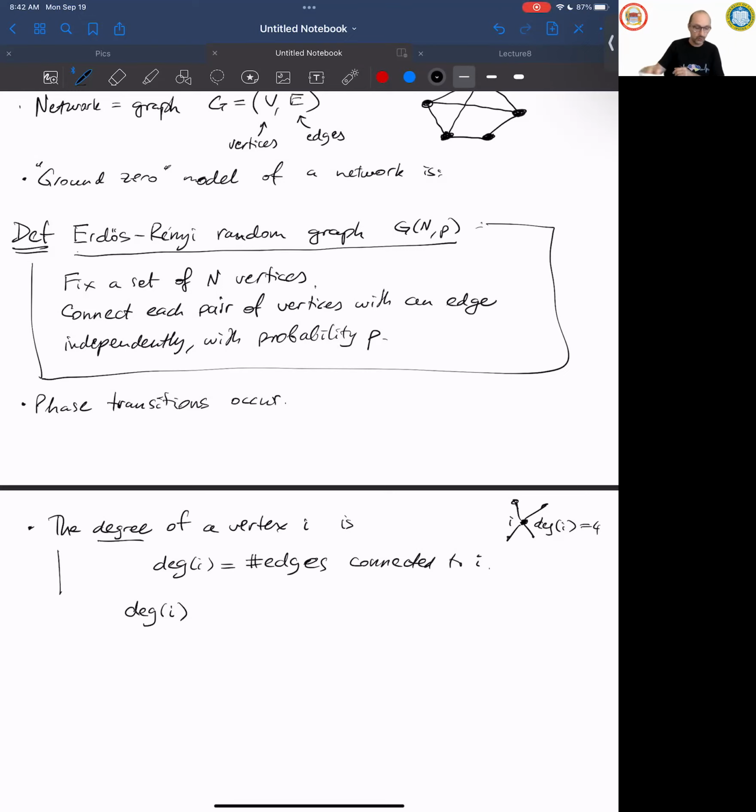It's a binomial distribution because we have n, actually not n, we have n minus 1 people, because I can be friend with myself, but that's not what we do here. There are n minus 1 possible friends, and each one is a friend with probability p. So the number of successes, number of friends, is binomial.